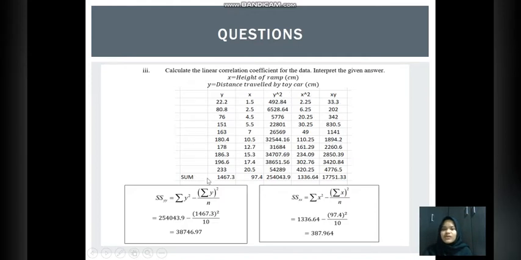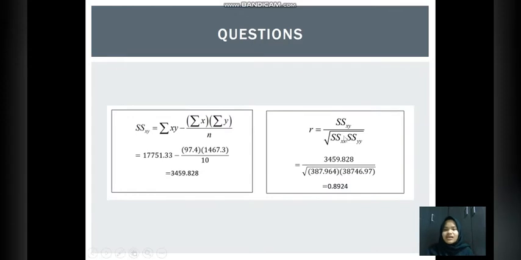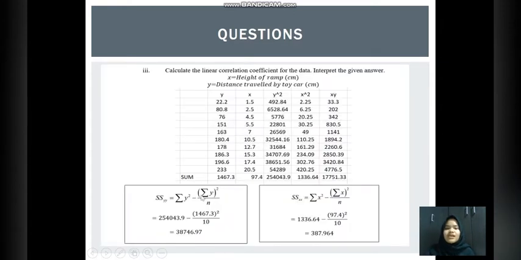I also found the sum for each of these in Excel. To find the correlation coefficient, we need the sample sum of xy, of xx and of yy. First we need to find the sample sums of xx, yy and xy.